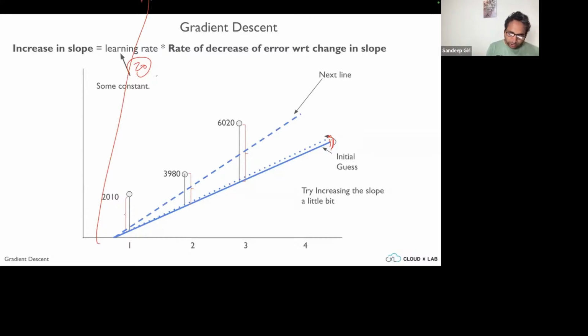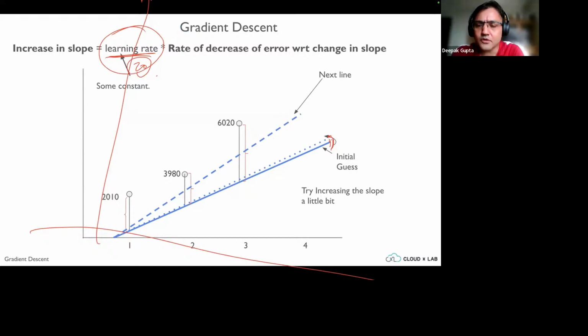The next line you draw is somewhere down, and therefore you'll keep on diverging. Therefore, you want to keep this small. If your error is not reducing and instead is increasing as you try more, you must bring down your learning rate. Got it?